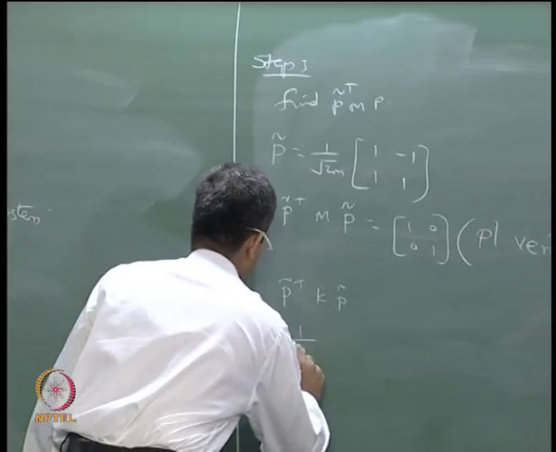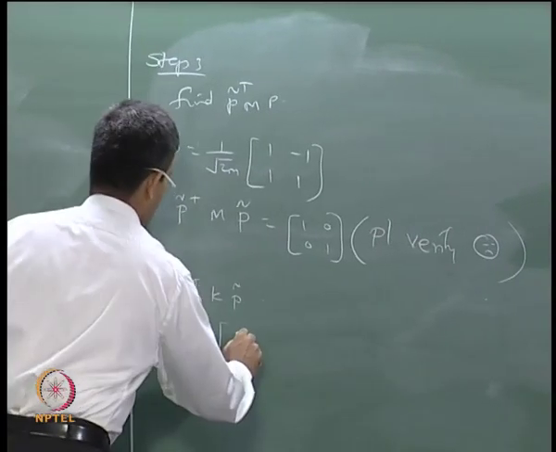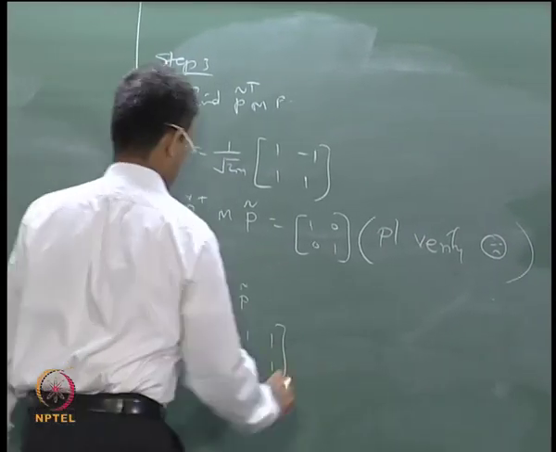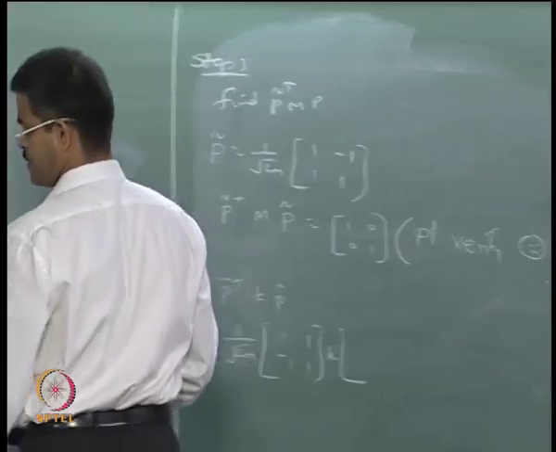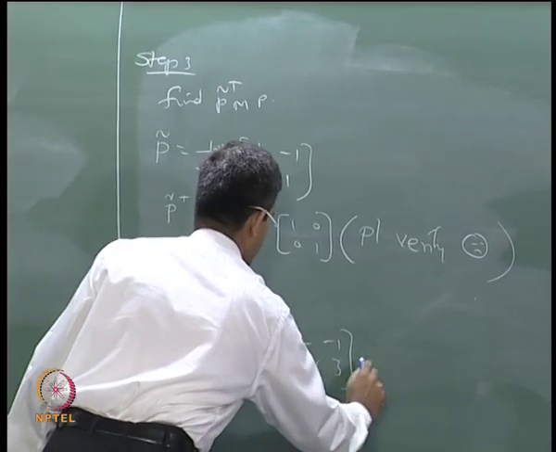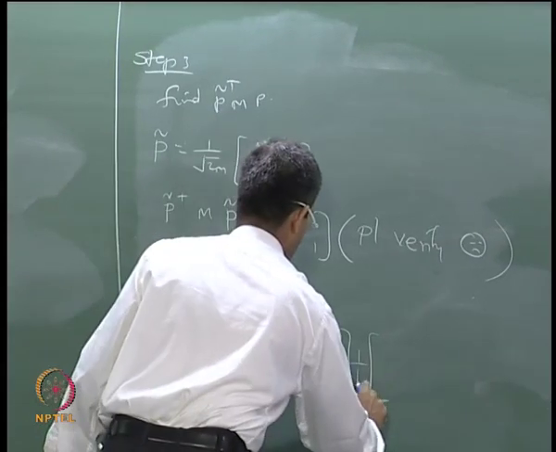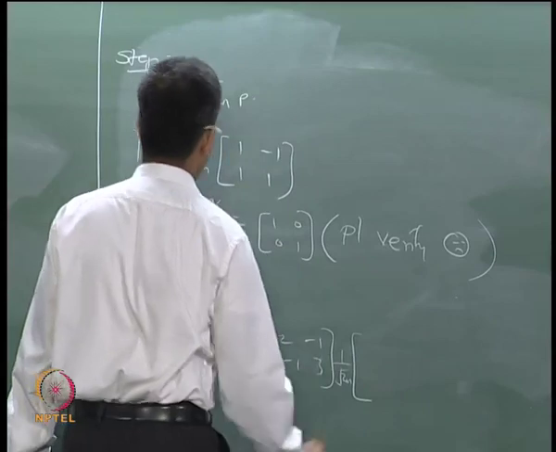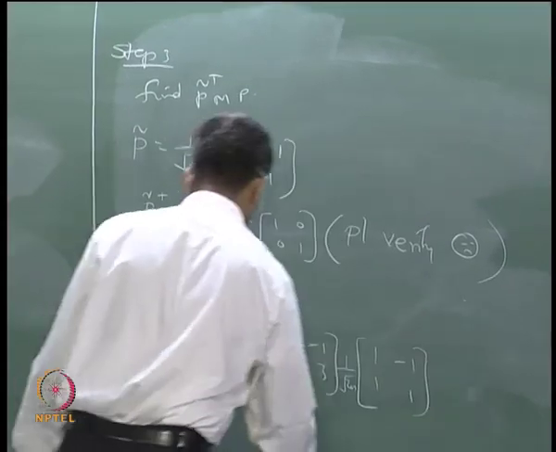So 1 by root 2 m of 1 minus 1 1 1 of K, which is 2 minus 1 minus 1 3, of 1 by root 2 m of 1 1 minus 1 1, that is what I want.